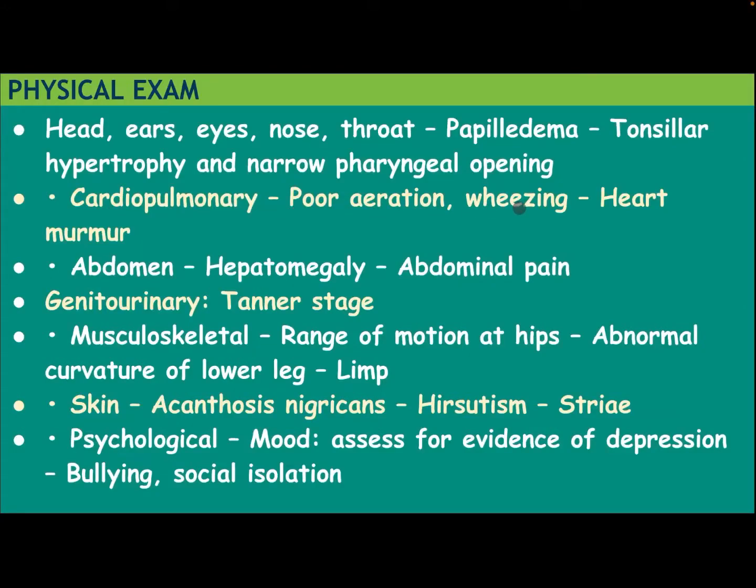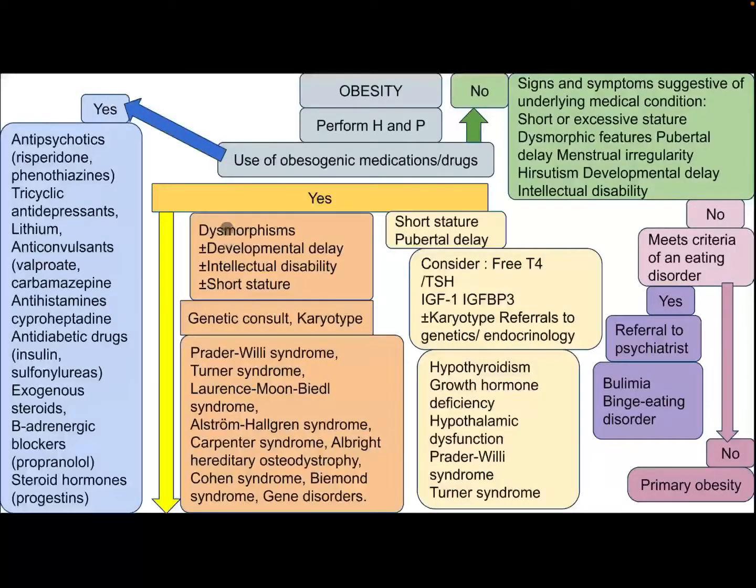Cardiopulmonary: poor aeration, wheezing, heart murmur. Abdomen: hepatomegaly, abdominal pain. Genitourinary: Tanner stage. Musculoskeletal: range of motion at the hip, abnormal curvature of the lower leg or limb. Skin: acanthosis nigricans, hirsutism, striae. Psychosocial: mood, assess for evidence of depression, bullying, social isolation.